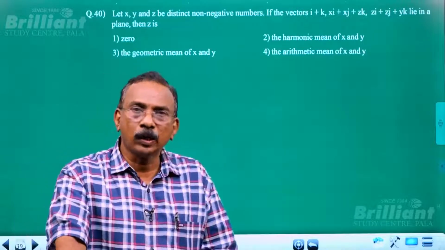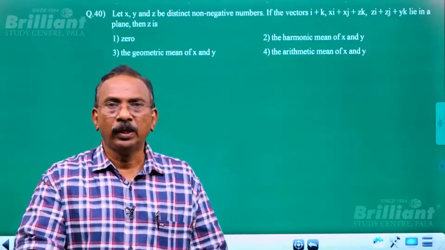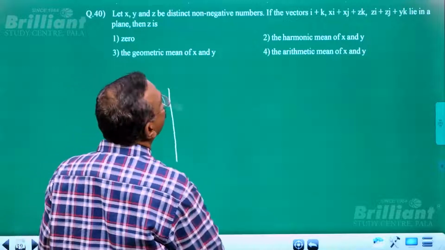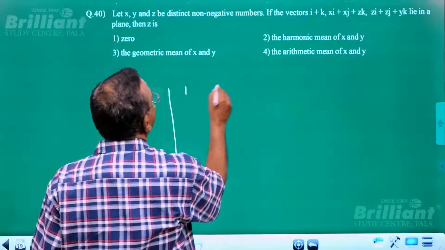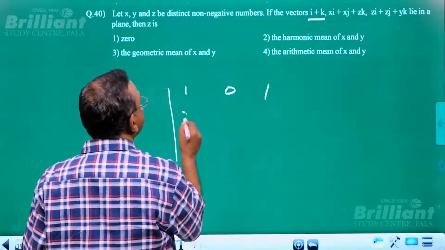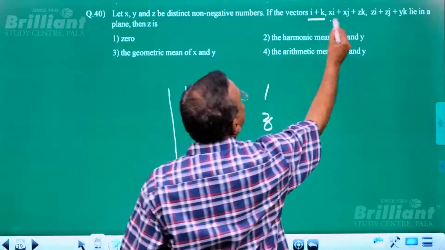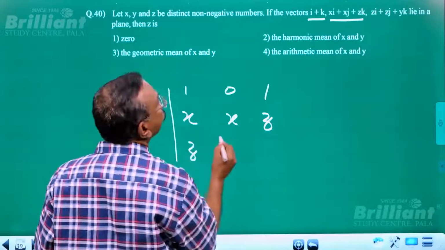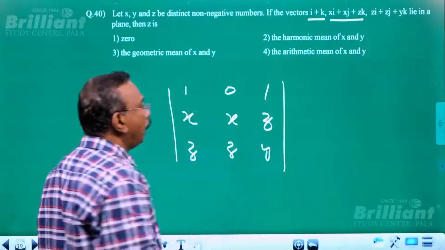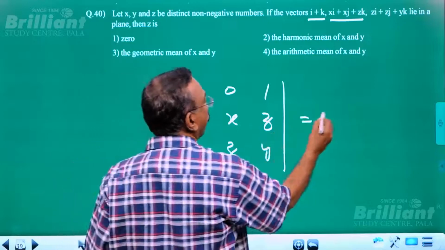If they are coplanar, the coplanarity will give you the condition: the rows 1, 0, 1, which are the coefficients of i + k, then x, x, z, and z, z, y. This coefficient determinant should be 0 if the vectors are coplanar.